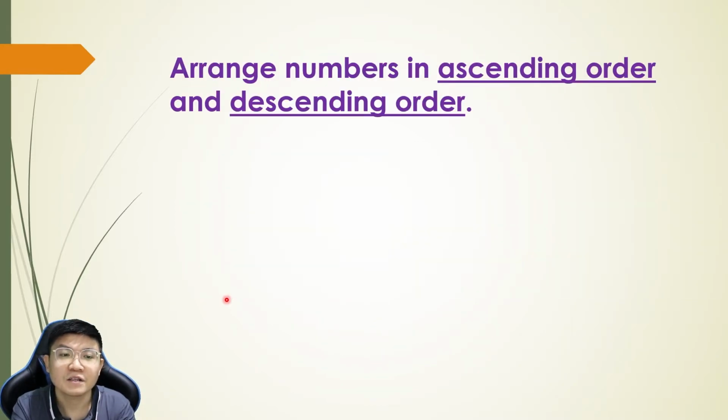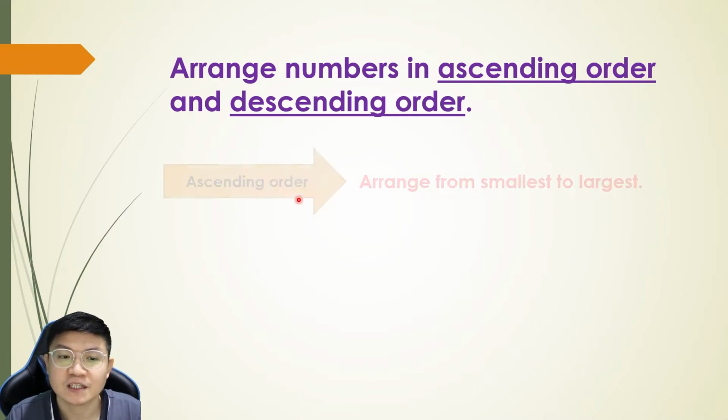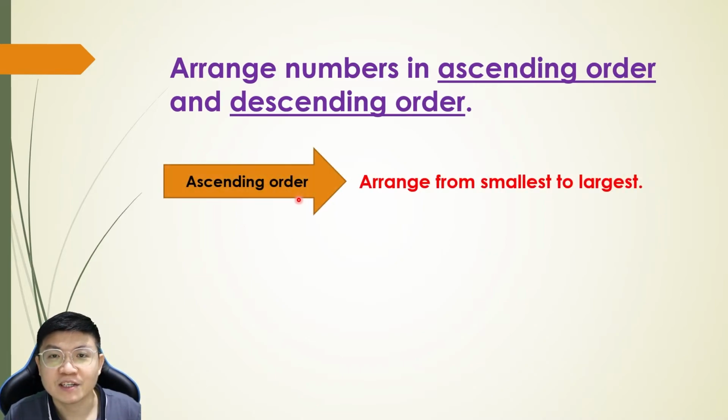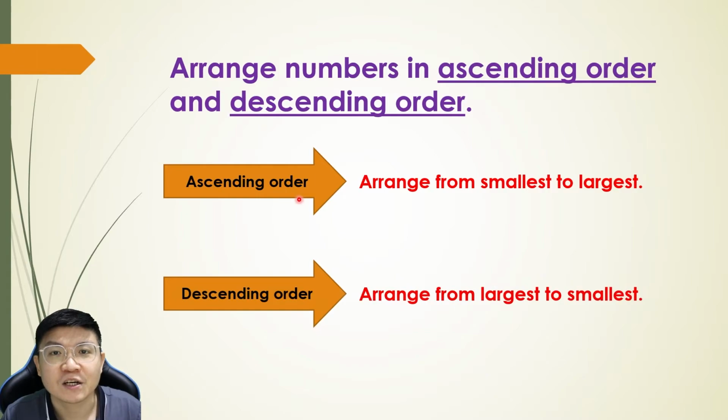Okay. After you learn how to compare, next, we need to arrange the numbers in ascending order and descending order. Do you still remember the meaning of ascending order and descending order? Actually, ascending order is you arrange the numbers from the smallest to largest, whereas descending order is arrange the numbers from the largest to smallest.